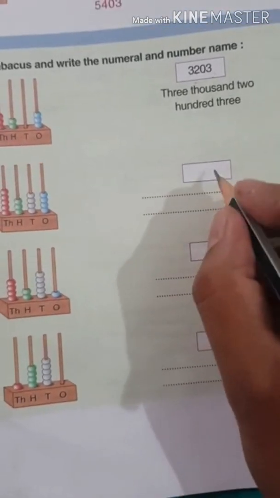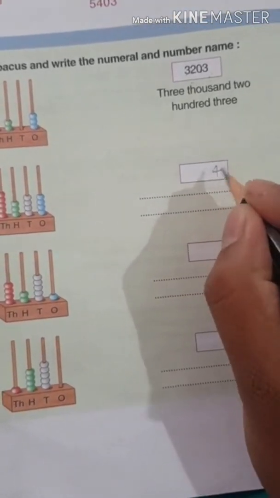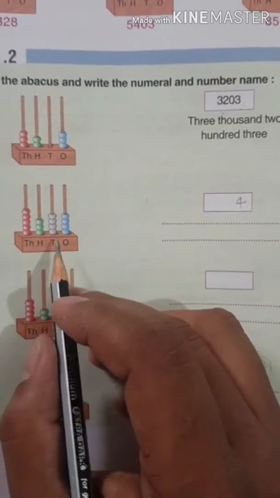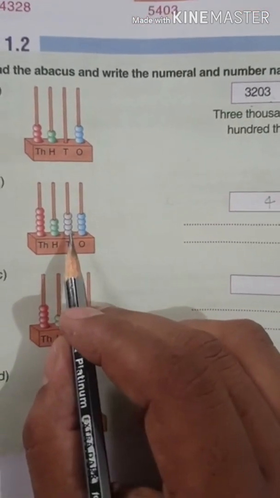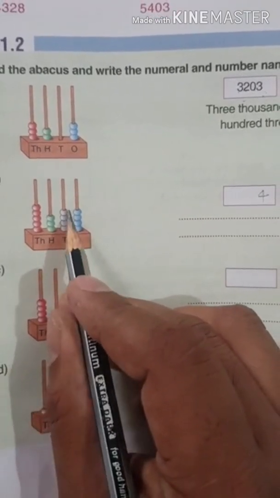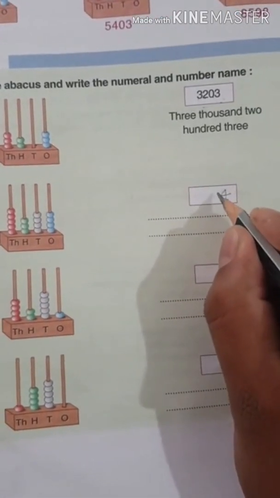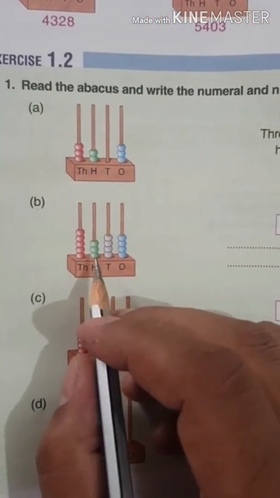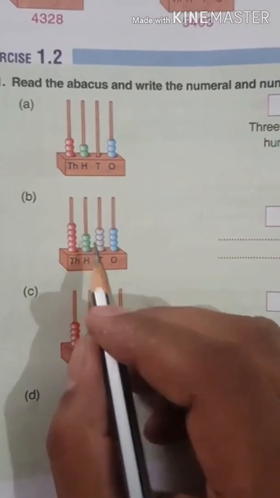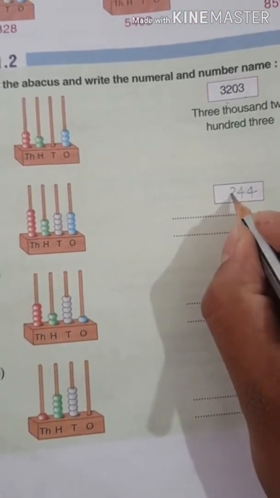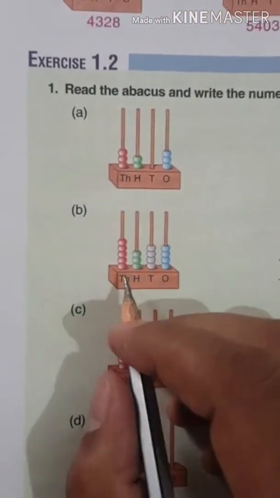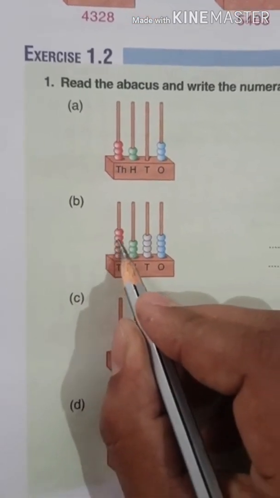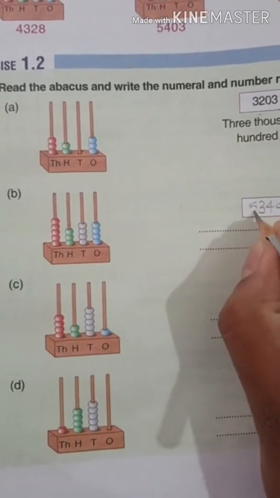So we write 4 here. In the hundreds column, how many beads are there? 1, 2, 3. So we write 3 here. Understand? And the last one, how many beads are there in the thousands column? 1, 2, 3, 4, 5. So we write 5 here.